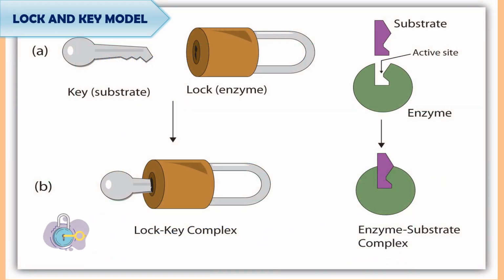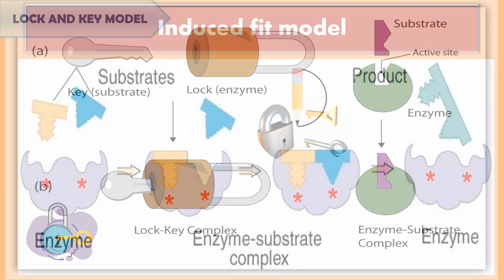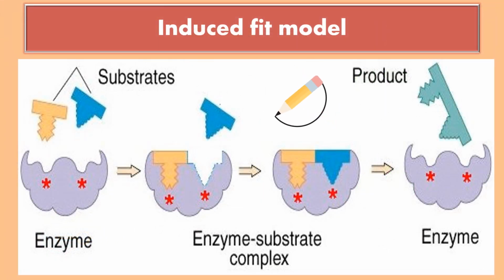It's more clear in this picture where you see the substrate in the form of a key, the enzyme depicting a lock, and then you have a substrate entering into the enzyme at the active site to form the lock and key complex. Also, you see here that it attaches itself to the active site to form the ES, or the enzyme substrate complex.